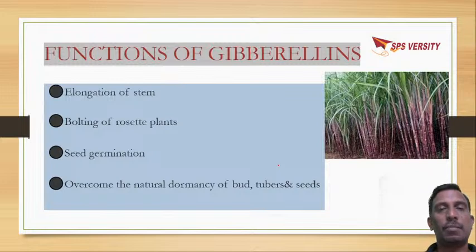Taking the functions of gibberellins, the first function is elongation of stem, that is, the stem shows elongation during growth. Bolting in rosette plants, that is, in rosette plants where the leaves are arranged very closely, during this we can see the stem elongation.